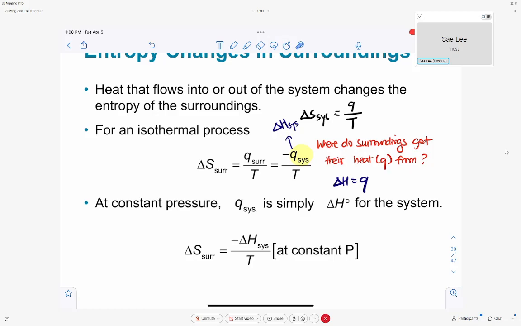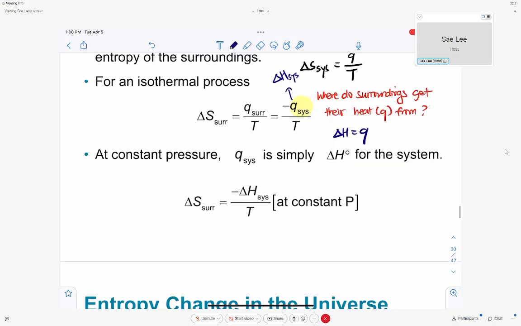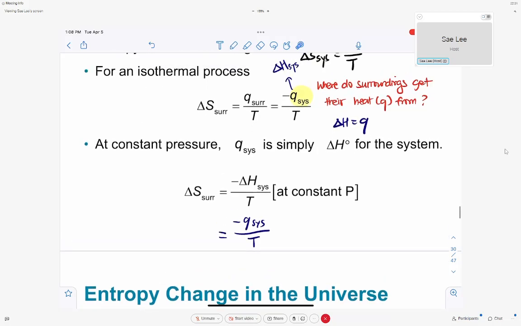So if we simply substitute Q for delta H, we get this expression. Change in entropy of the surroundings equals the heat consumed or released by the system, or enthalpy change of the system, divided by temperature.